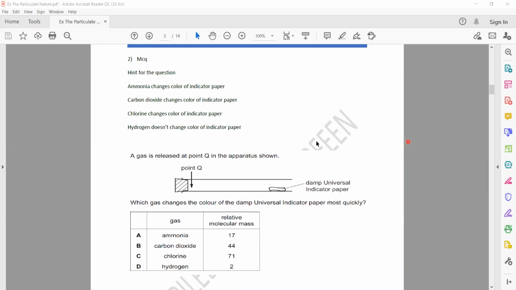A gas is released at Q. Which gas changes the color of damp universal indicator most quickly? So what could be the right answer?